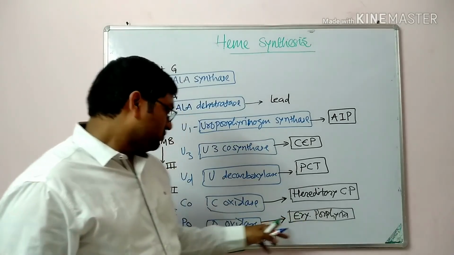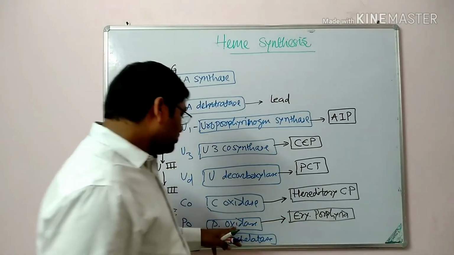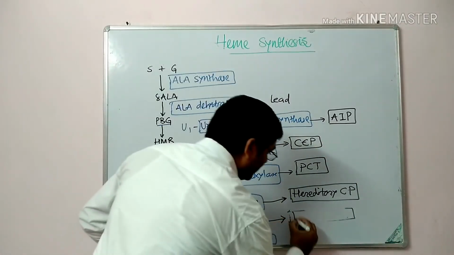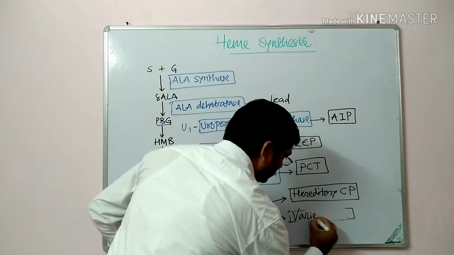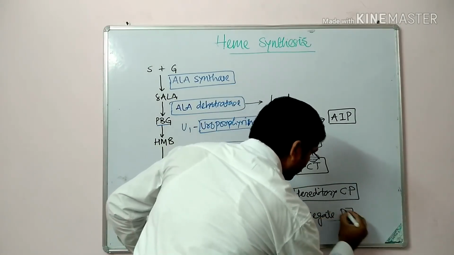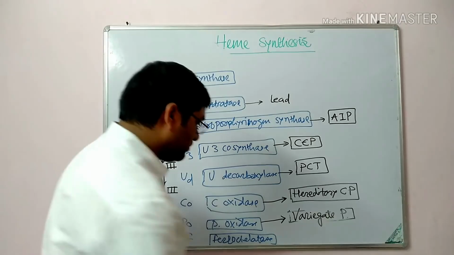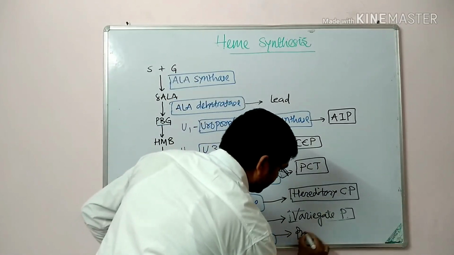The deficiency of this protoporphyrinogen oxidase leads to the disorder known as variegate porphyria. And ferrochelatase enzyme deficiency leads to the disorder known as protoporphyria.